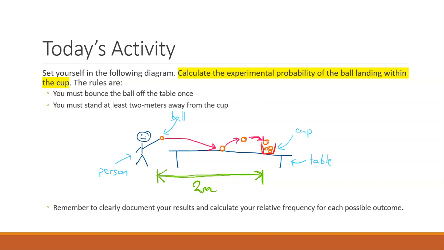Then I want you to count the amount of attempts that the person has had, and then calculate the relative frequency of the person being able to get the ball to land in the cup. At the end of the lesson, we can have a comparison of who is the champion ball thrower at getting the ball in the cup and who gets a wooden spoon. So, guys, please make sure that you're recording the results. Otherwise, there's not a whole lot of worth in this exercise. So, let's get to it.